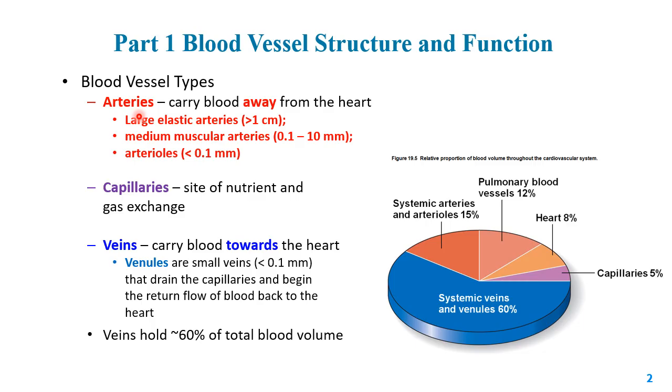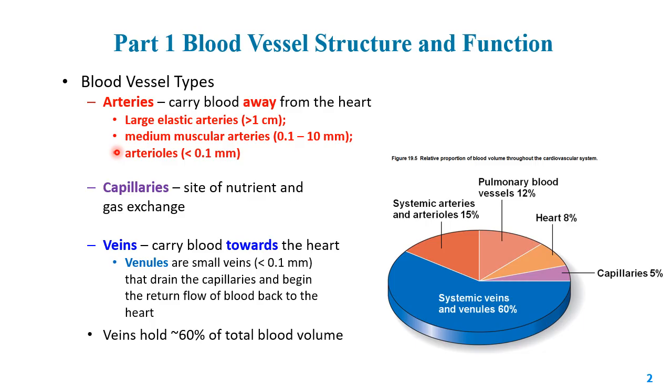All right. Now, when you look at the arteries, we have three types: some very big ones, some medium-sized ones, and some tiny ones. The very big ones are the elastic arteries. The medium-sized ones are the muscular arteries.